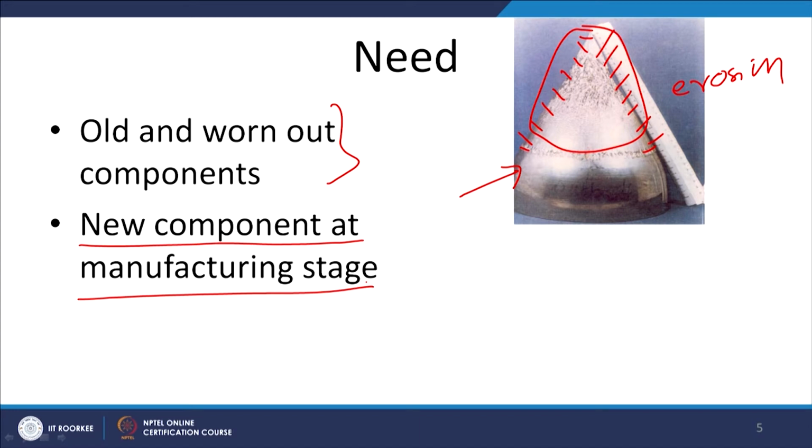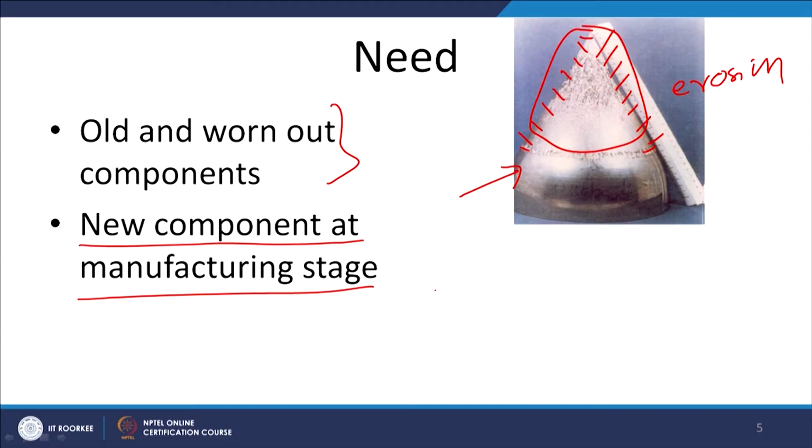For example, what we want is that any product is made at lower cost, but performs for a longer period. The required function is given by the product for a longer period, and for such kind of output, what is needed, because these are two contradicting requirements.